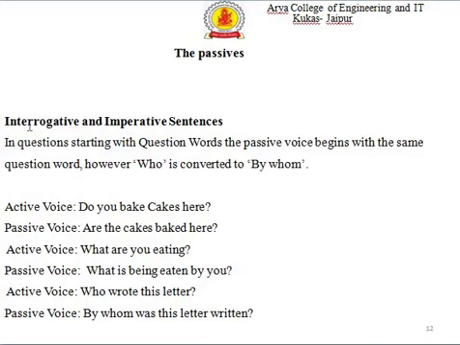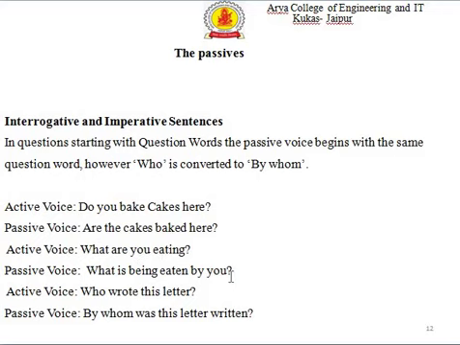Now the passives of interrogative and imperative sentences. In questions starting with a question word, the passive voice begins with the same question word. For example, do you bake cakes here? Are the cakes baked here? What are you eating?